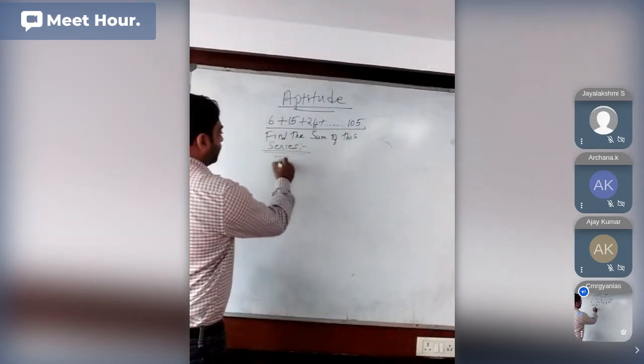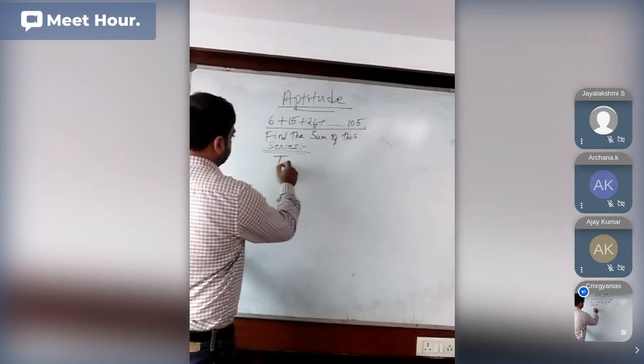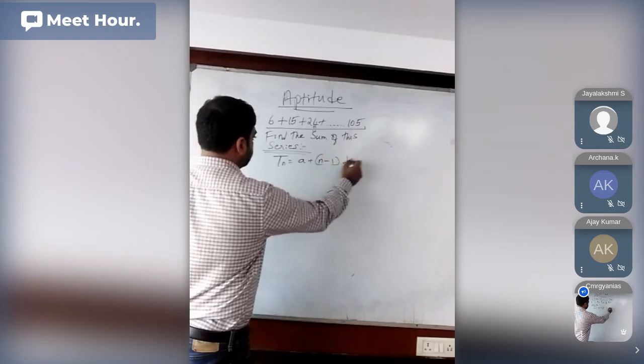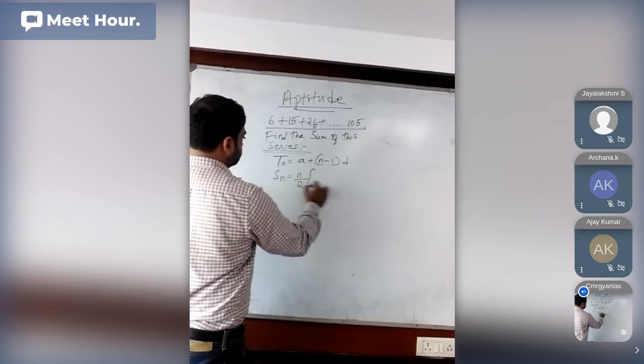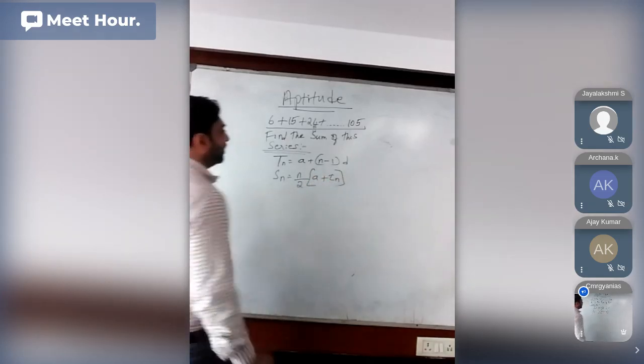So you can see you have to use both the formulas. Tn is equal to a plus n minus 1 into d. S of n is equal to n by 2 into a plus tn.